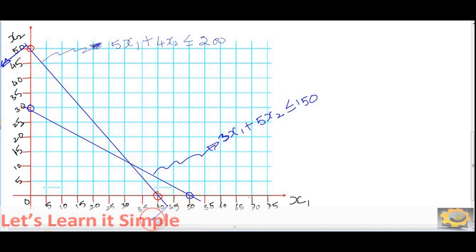If we go down here also, we need to look for the solution towards the origin. Here also we need to look for the solution towards the origin for the second constraint as well. So now this will be the common area that satisfies both the constraints.